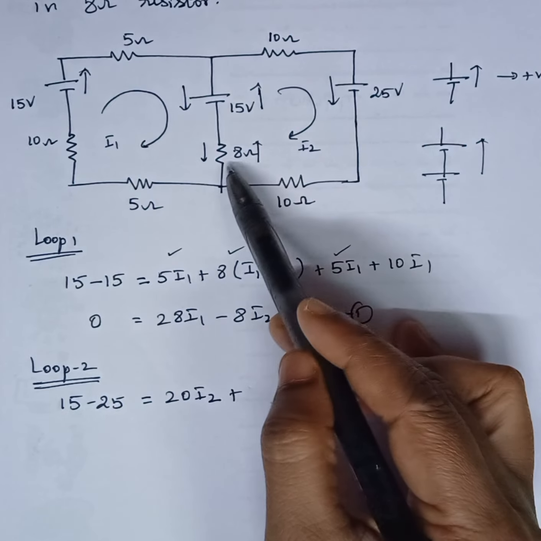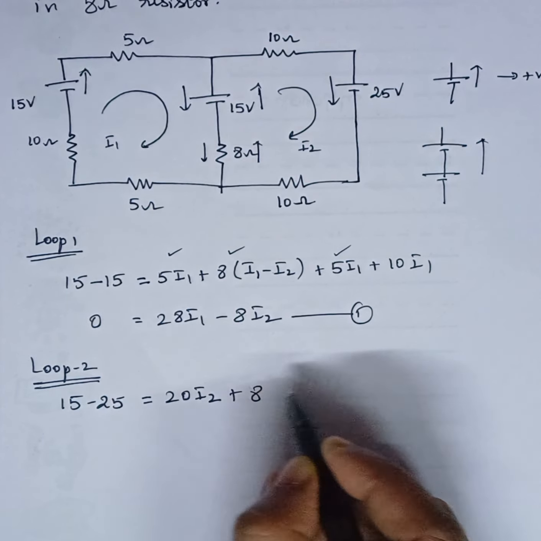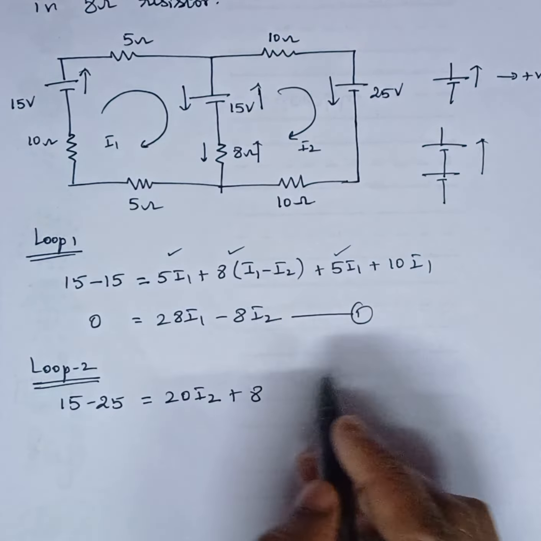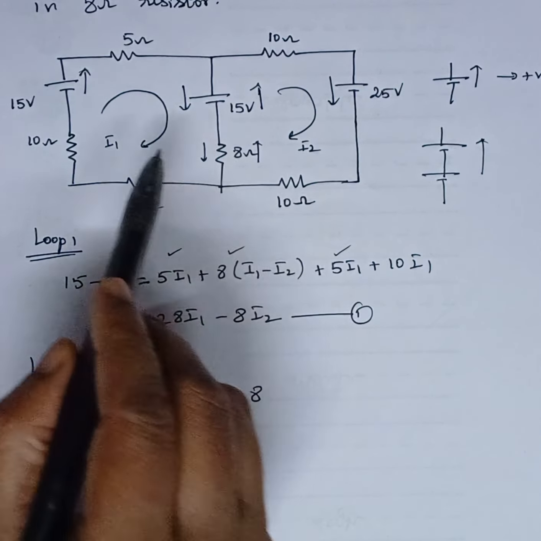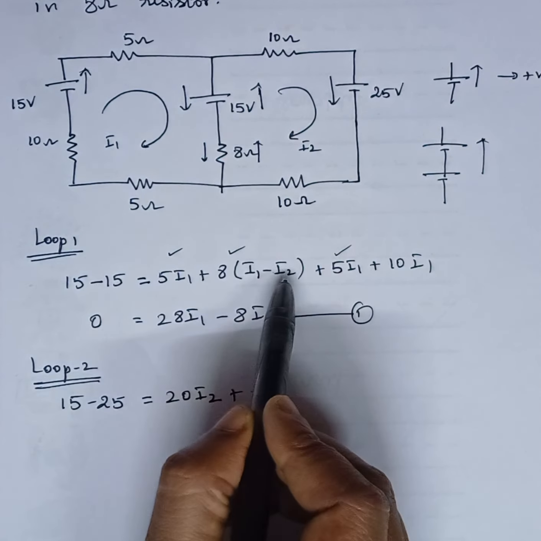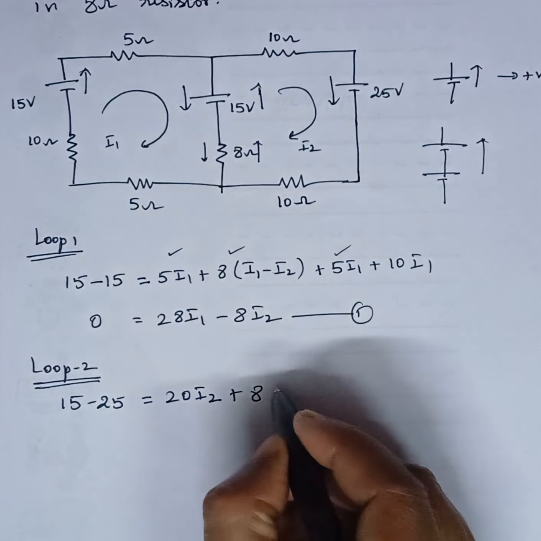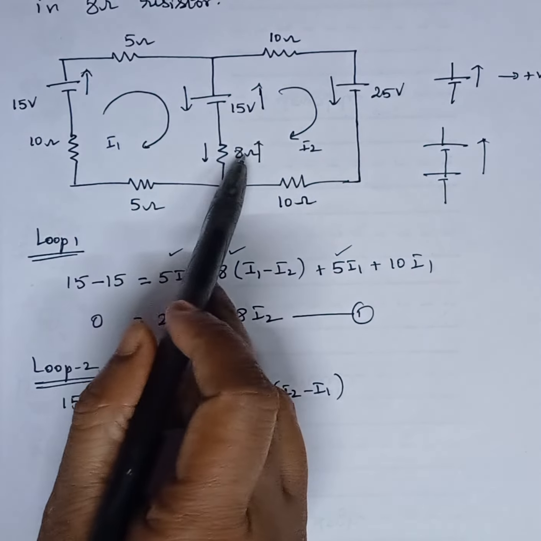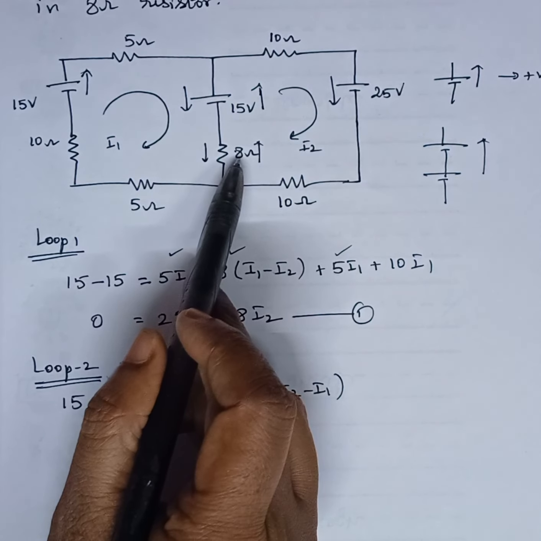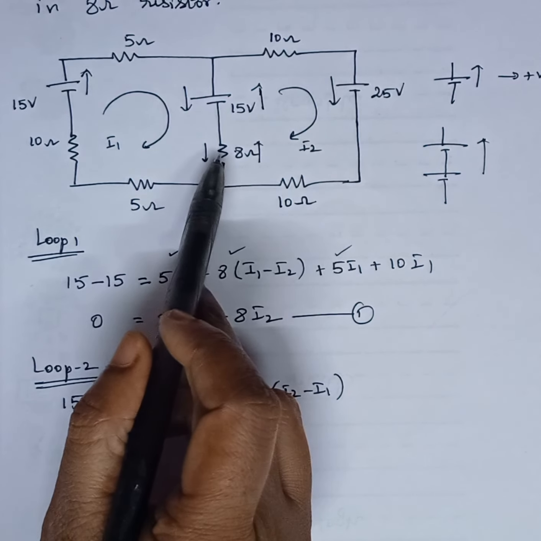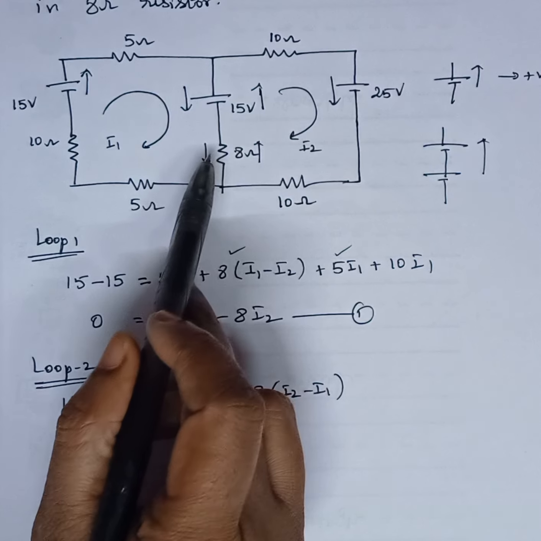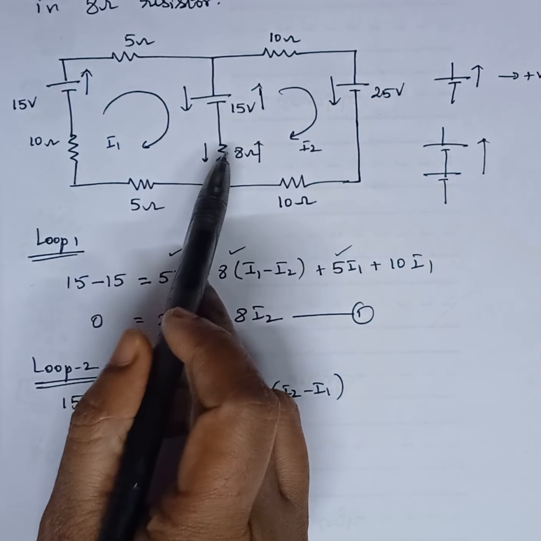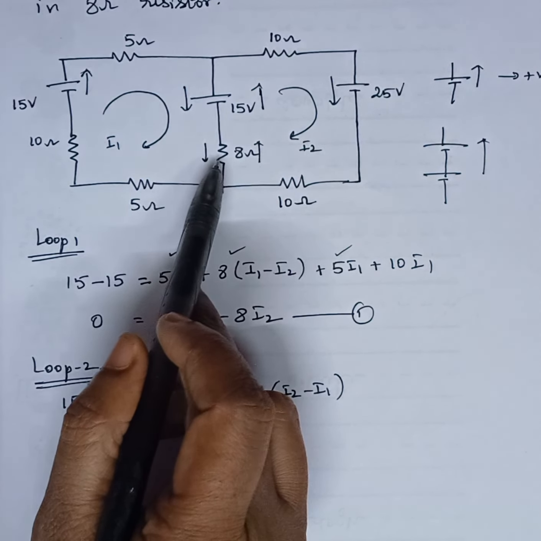Plus the current flowing through this 8 ohm resistor, which is between the first loop and the second loop. As I already told, if you consider the first loop, you have to put I1 minus I2. If you consider the second loop, it should be I2 minus I1, as the current flow through the resistor is opposite. If the current flow through the resistor is in the same direction, then these currents are additive.